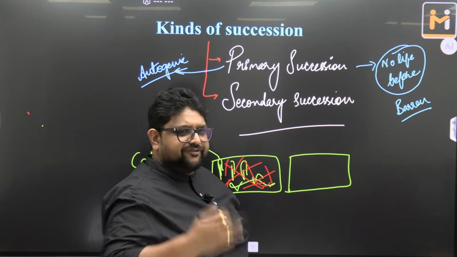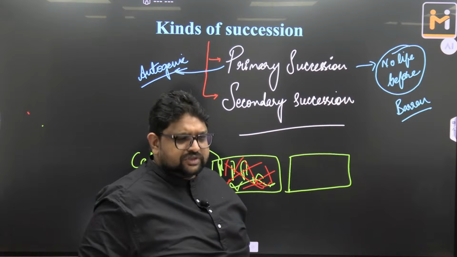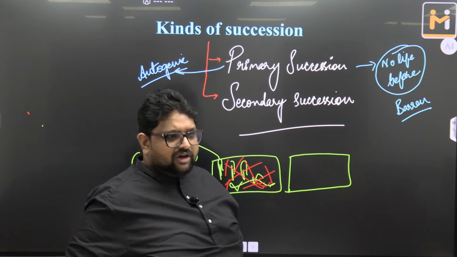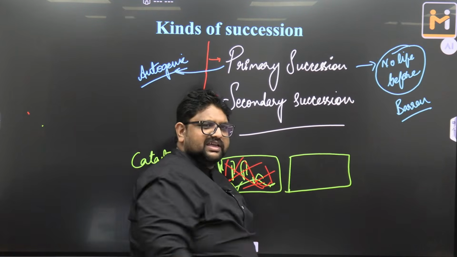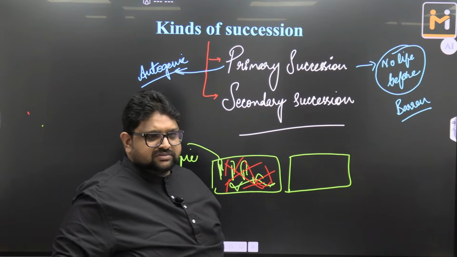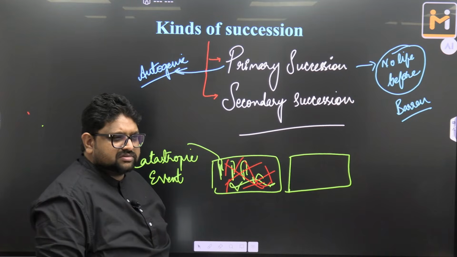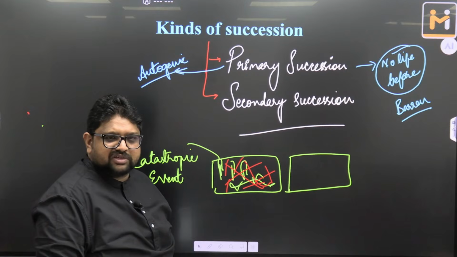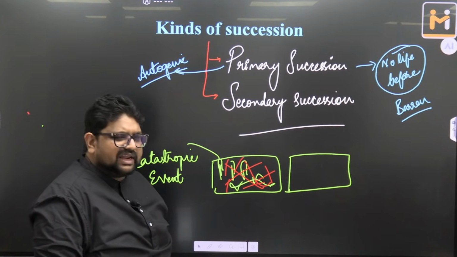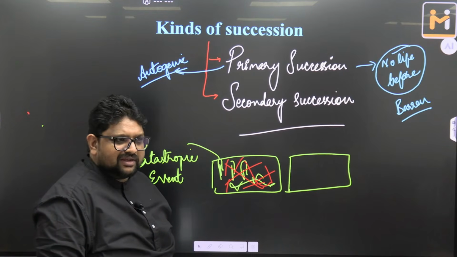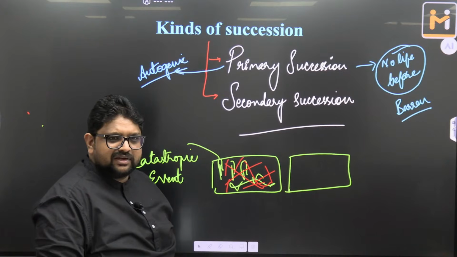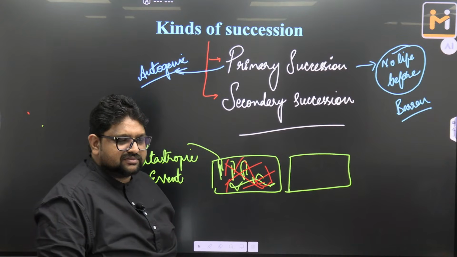Say forest fire, overgrazing, or if a human came and completely cleared the area, or extreme drought, no rain for 3-4 years, all the life died, no plant, again it's an area which is treeless, plantless.